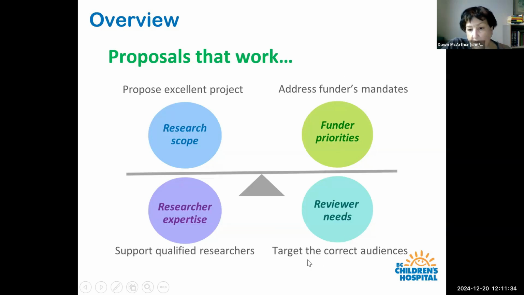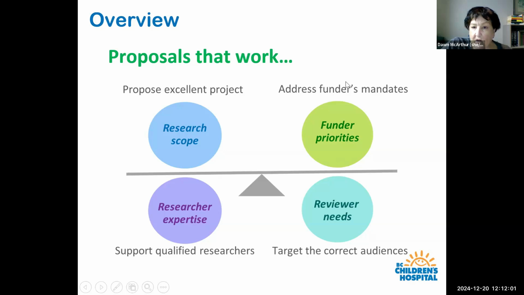Then down here, you also have to target the right audience and address the needs of a reviewer, because this is the decision maker right here. This is where you have no power at all, except to try and make this balance as tight as possible. So proposals that work propose excellent research that will be done by qualified researchers.